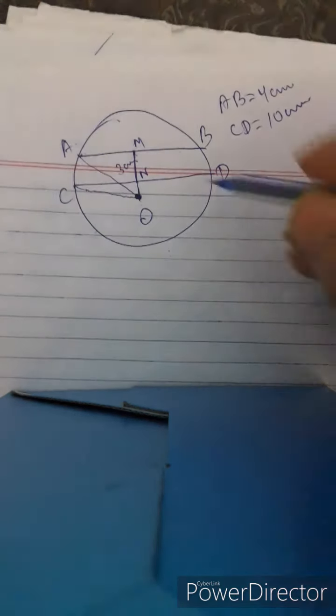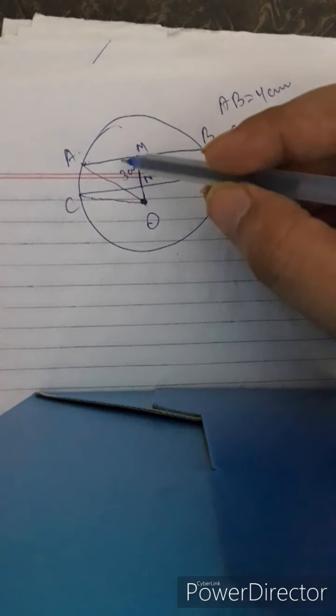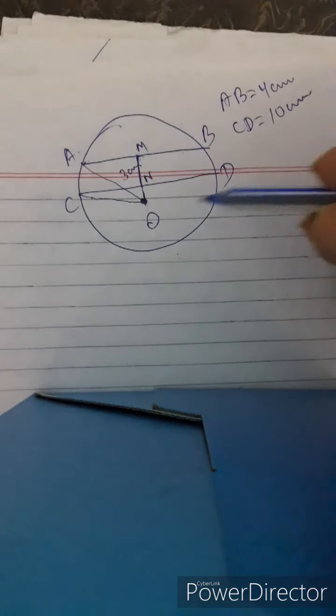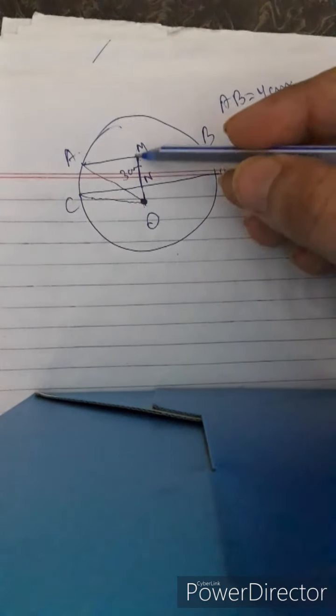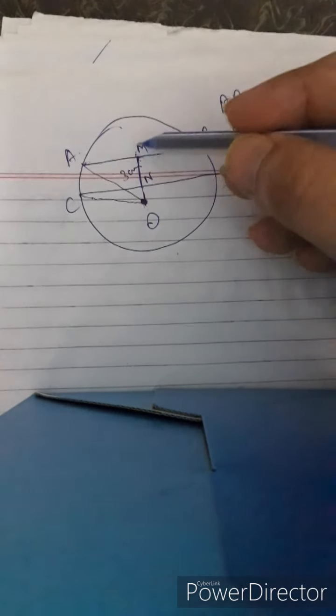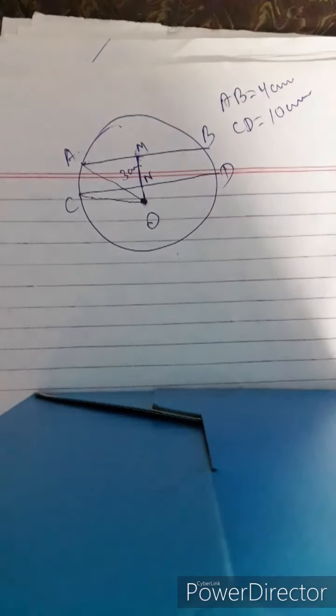Alright, so how do we do that? Since O is the center, OM is the line which meets AB from the center of the circle.